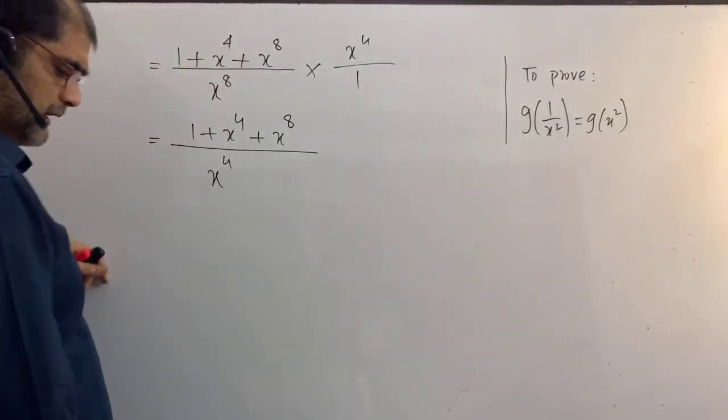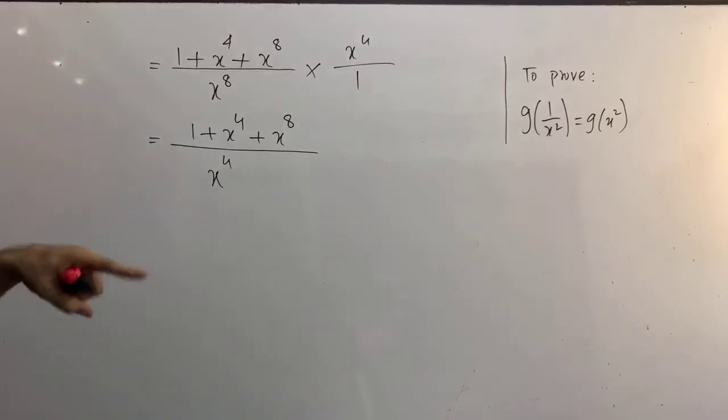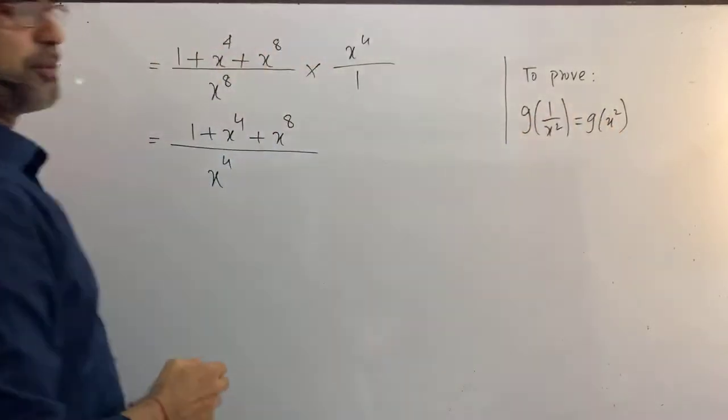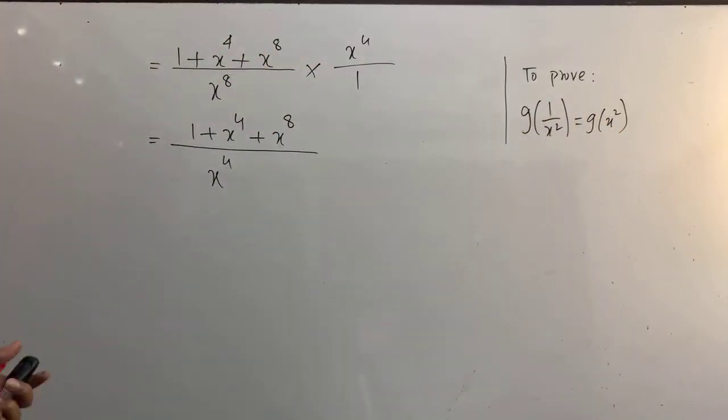Now you have two options to do the maths after this. Please pay attention here. It is f of x square, right? So that's good.